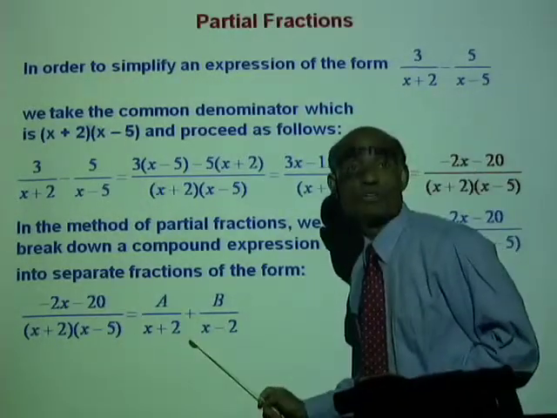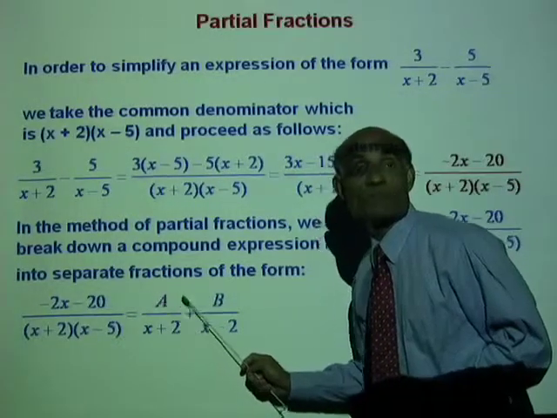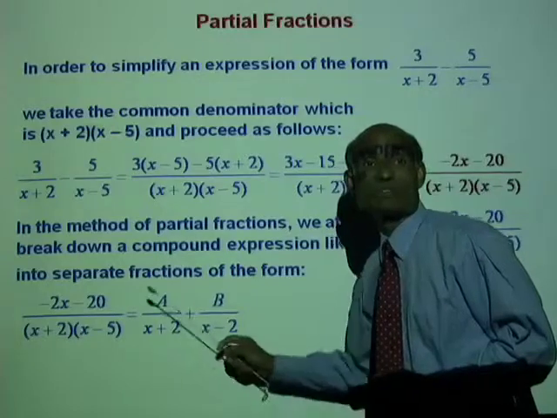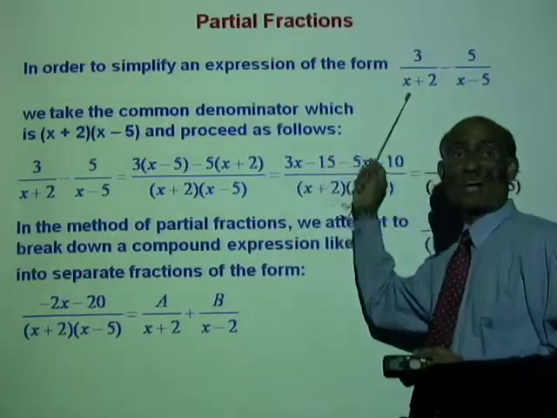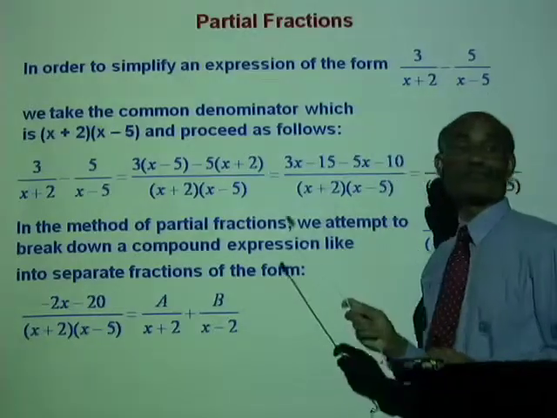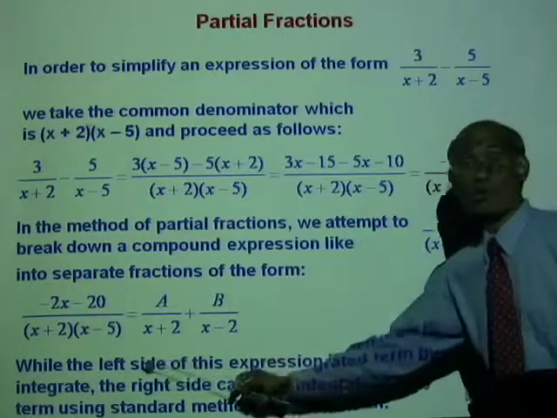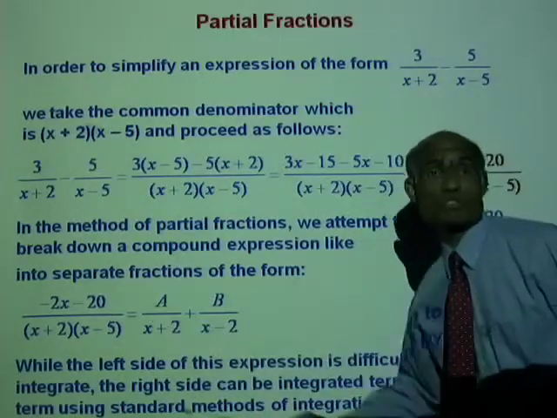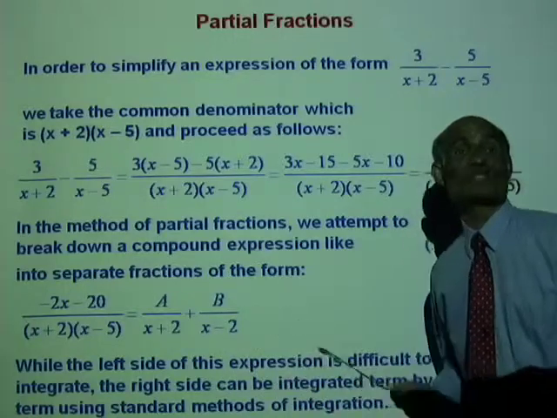Now, once we do this, all we need to do is obtain the values of A and B so that the expression on the left can be broken down into these two simpler forms.